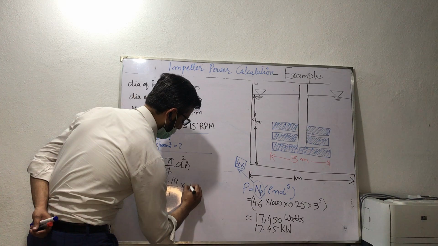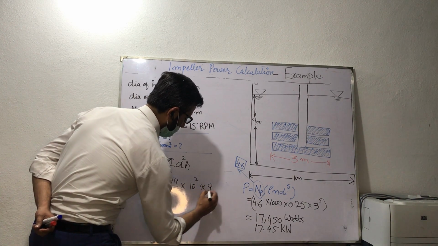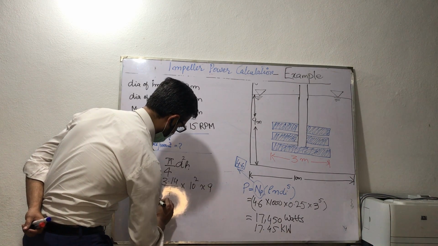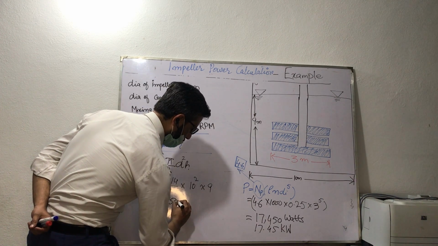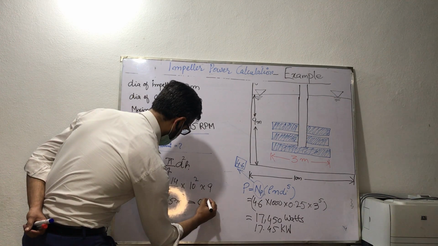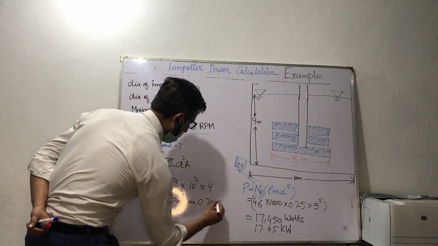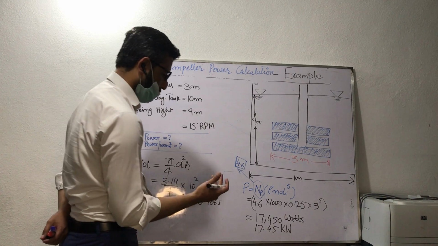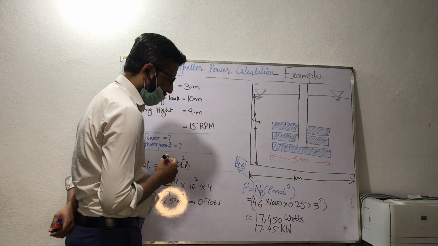Diameter is around 10 meters squared. Then h is 9 meters, and volume comes out to be 706.5 meter cube. And in terms of 1000, it would be around 0.7065. This is the value of volume in terms of 1000.